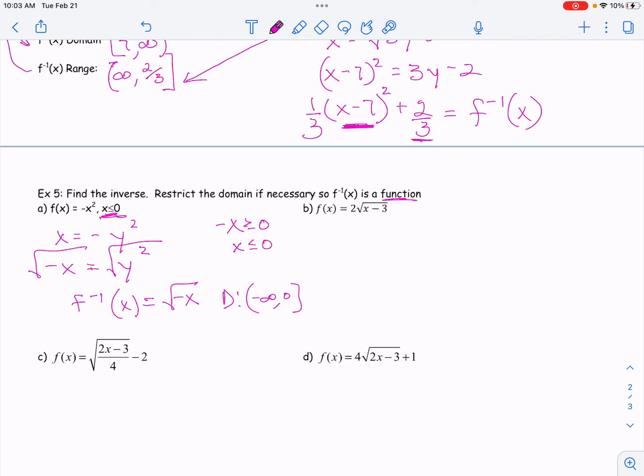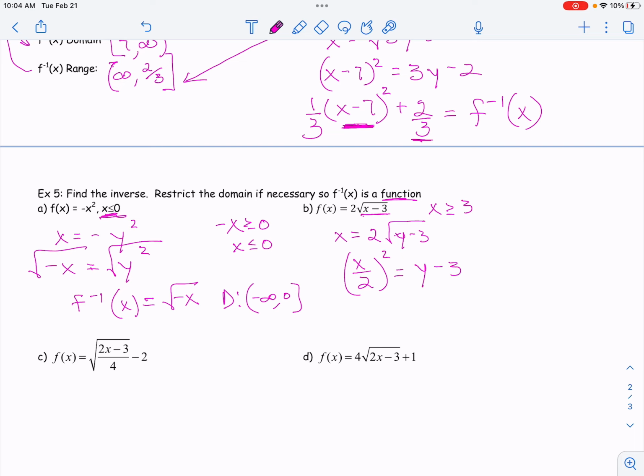Okay, so this one, restrict the domain if necessary. Well, it is necessary because I cannot have a negative under the radical. So x has to be greater than or equal to 3. That's for the original. My inverse is x equals 2, switch the x and the y, divide by 2. Then I have to square this.